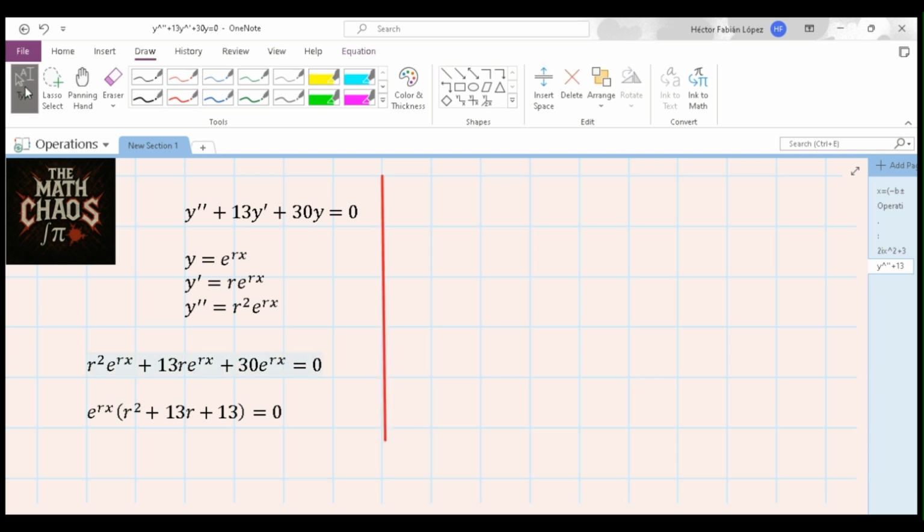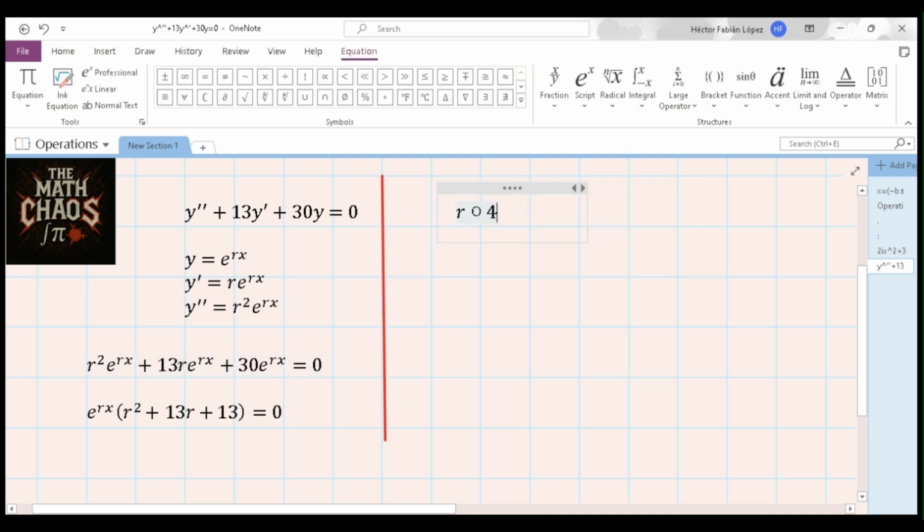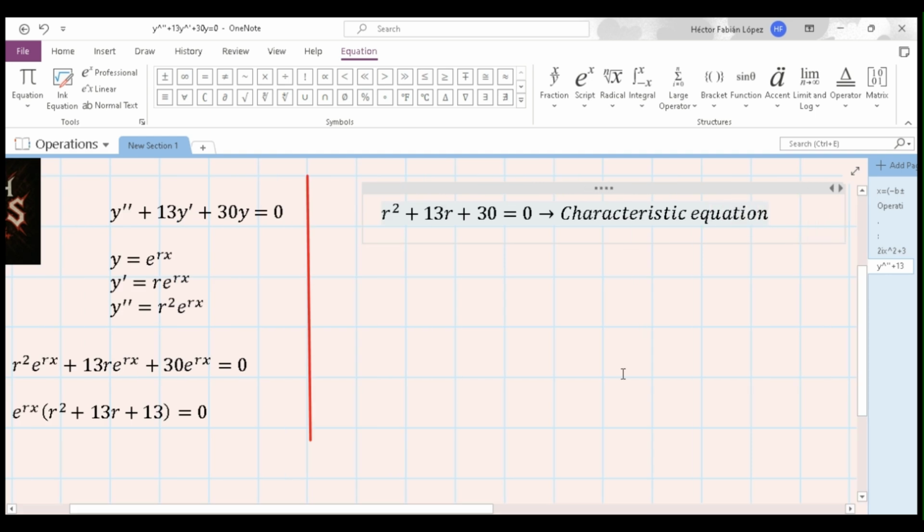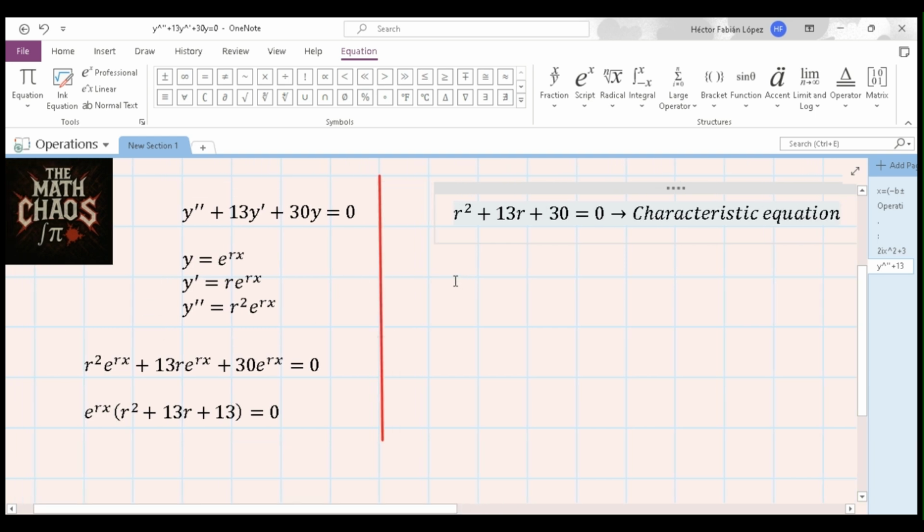Then we will have this equation: r to the second power plus 13r plus 30 equal to 0. The name of this equation is the characteristic equation, and it will help us to find the values of r.